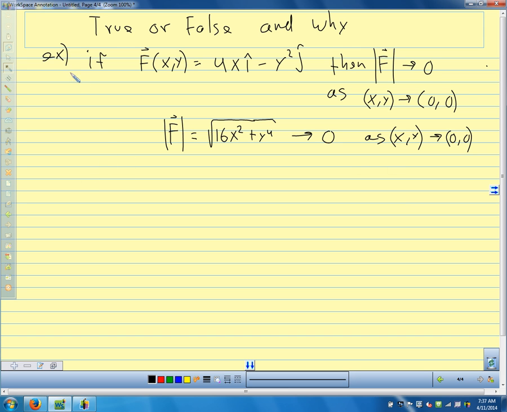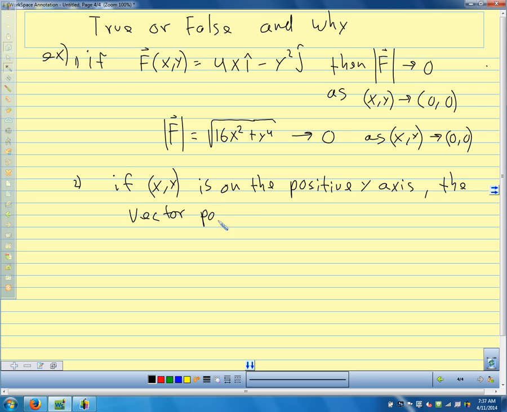Next one. Call this number 1. Number 2. For the same vector field, if our point (x, y) is on the positive y-axis, the vector points in the negative y direction.